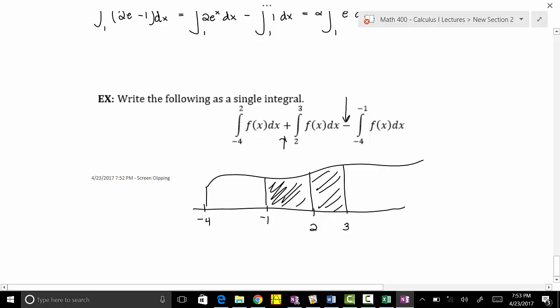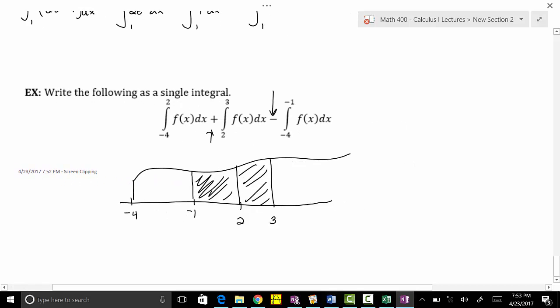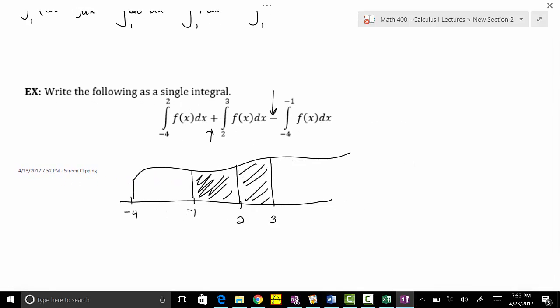And what I'm left with is the area from negative 1 to 3 altogether. So that visualization is a great way to do it. Or you could say, I'm going from negative 4 to 2 and then 2 to 3, so that's negative 4 to 3. But I'm losing negative 4 to negative 1, so therefore I'm left with an integral from negative 1 to 3 of f of x dx.